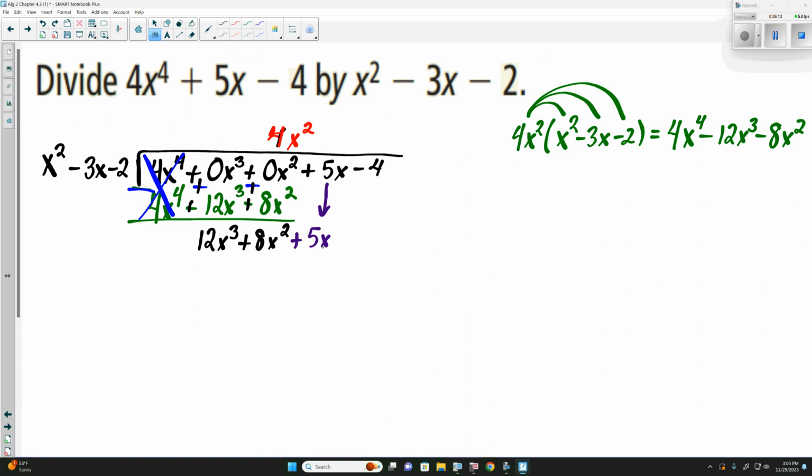And we repeat this process again. But we do know that the next term should have an x. And we need to see what times 1x squared gives us positive 12x squared. That's going to be plus 12x. Questions on this here? Now we're going to multiply through by 12x.